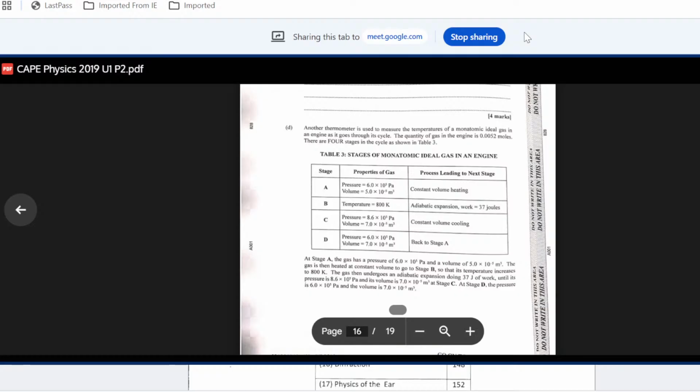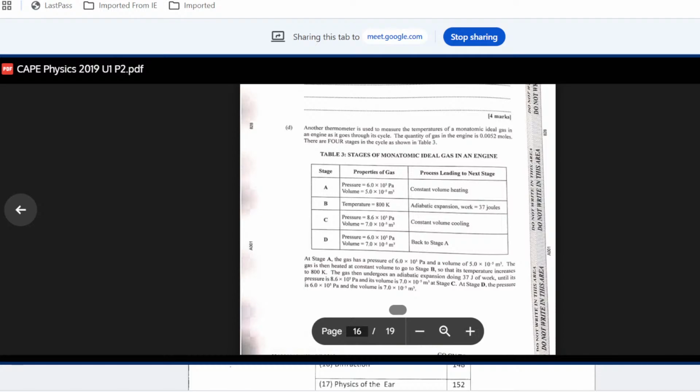Steeper. So steeper, and is it a straight line? Well, it's not. It's a curved line that shows the relationship between pressure and volume is inverse, but it's steeper than isothermal.